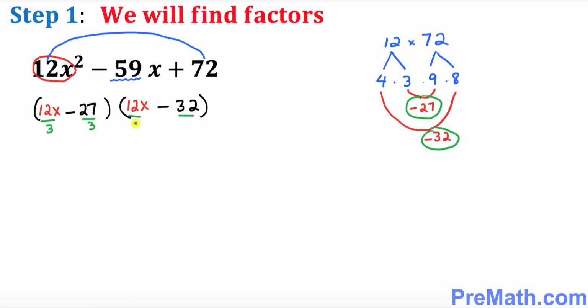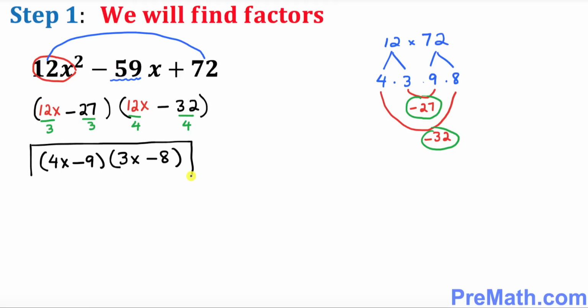The greatest common factor is 4. So you just divide, and that gives you 4x minus 9, and 3x minus 8. And that is the answer.